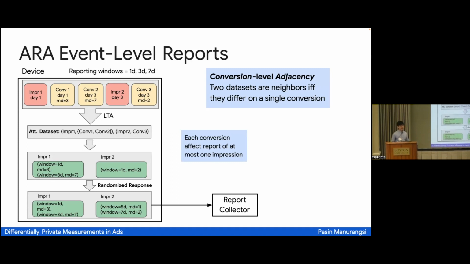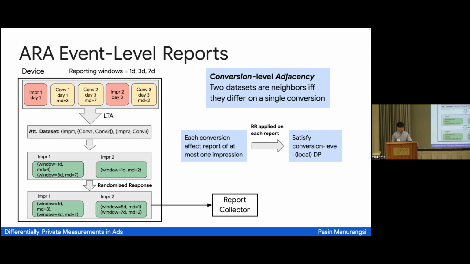Since we are in single touch attribution, each conversion is attributed to a single impression, and we already apply randomized response on that impression. So we do get that this API satisfies conversion level DP, and in fact local DP as well, because that's all that leaves your device. This is the most basic one, and it's great.